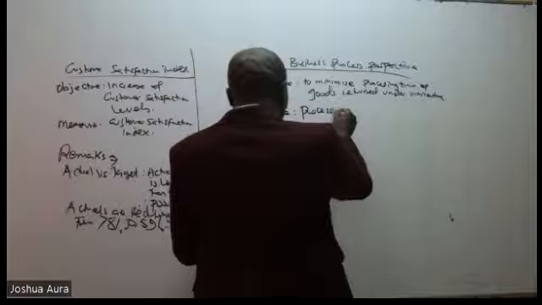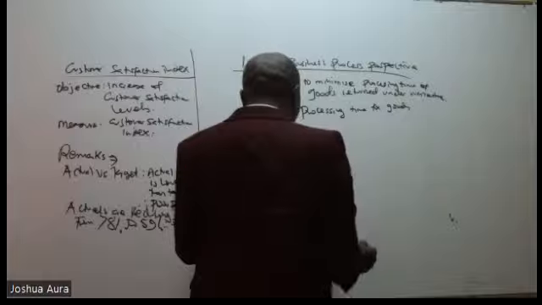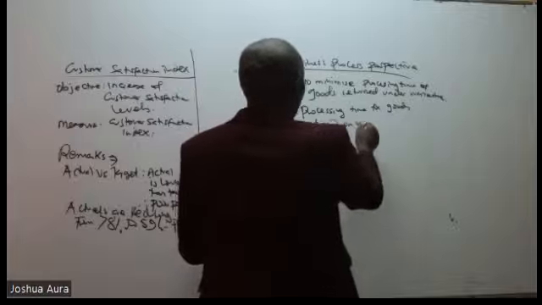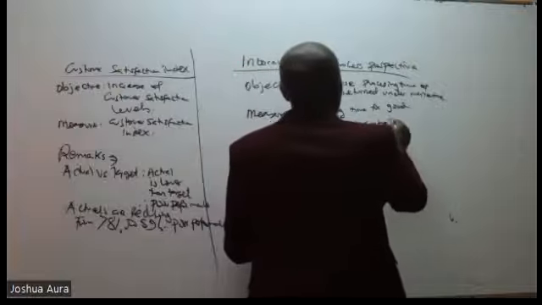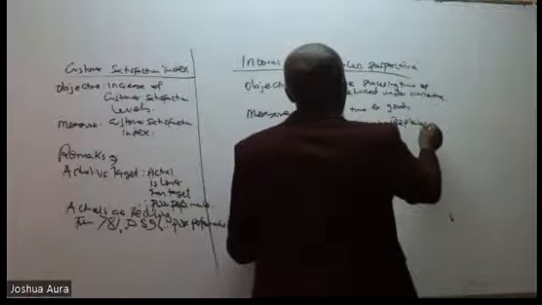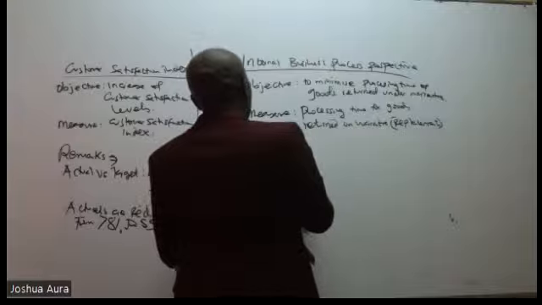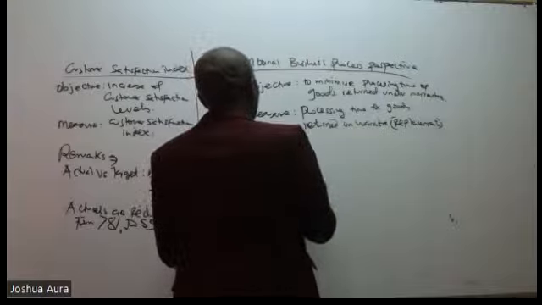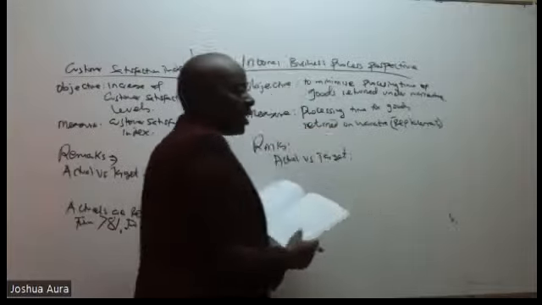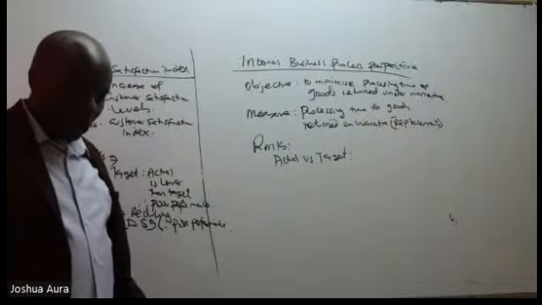Processing time for goods returned on warranties, in brackets replacements. So go to the general remarks. Compare the actual vis-a-vis target. From what you are able to see there, are we doing better off or worse off as a company?